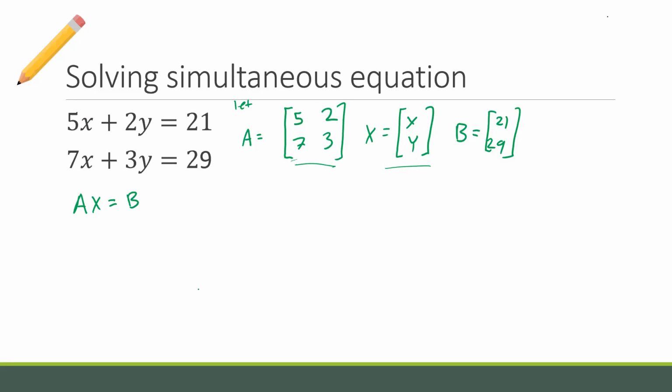Then I can say, if I take the inverse of A and I multiply it by Ax, that's going to equal the same as taking the inverse and multiplying it by b. Why am I doing this? Because the inverse of A times A is going to give you the identity.